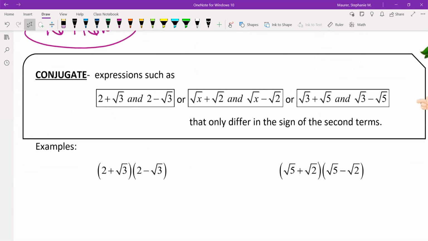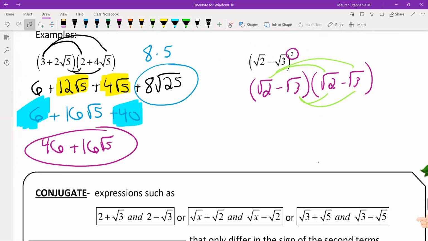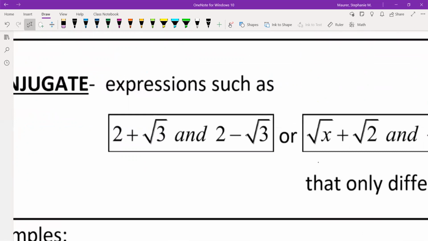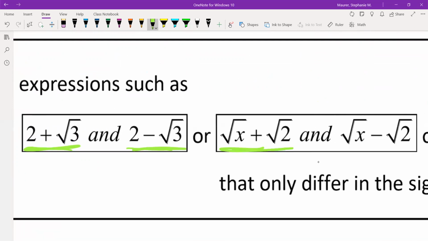And the last thing we need to talk about today is conjugates. A conjugate is basically exactly what you saw happening up here, but check out some of these examples. These two things are conjugates of each other. These two things are conjugates of each other.